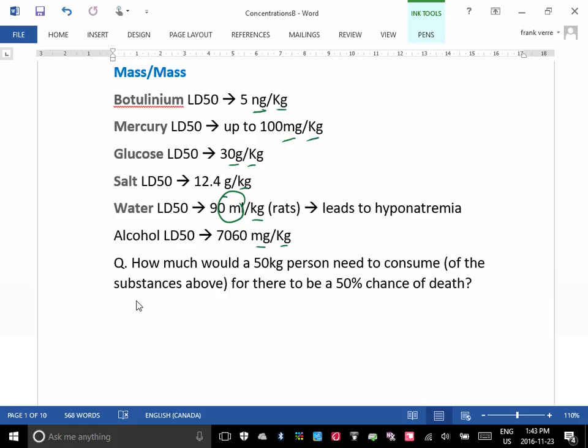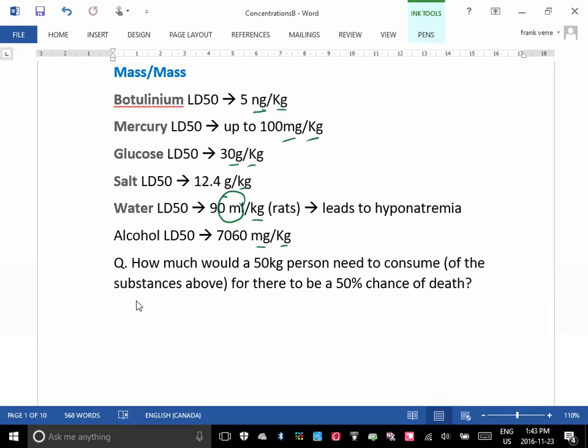So for every kilogram of a person, if you had in you about 100 milligrams of mercury, there would be a 50% chance that it would kill you. So you would expect that if you had a population of individuals, say 1,000 people, and their mercury levels were about 100 milligrams for every kilogram, then half of them would die.